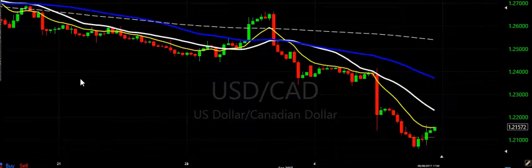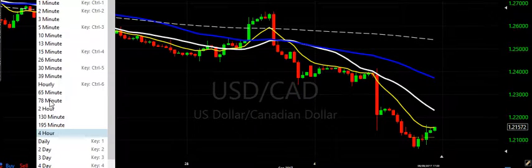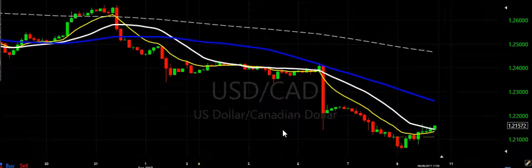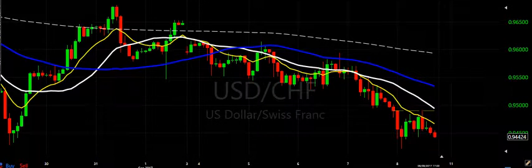The 4-hour would have given you some good signals. Let's have a look at the 2-hour chart. The 2-hour chart, going back in September, would have also given you really good entries in terms of selling short. Let's look at the US dollar CHF again.